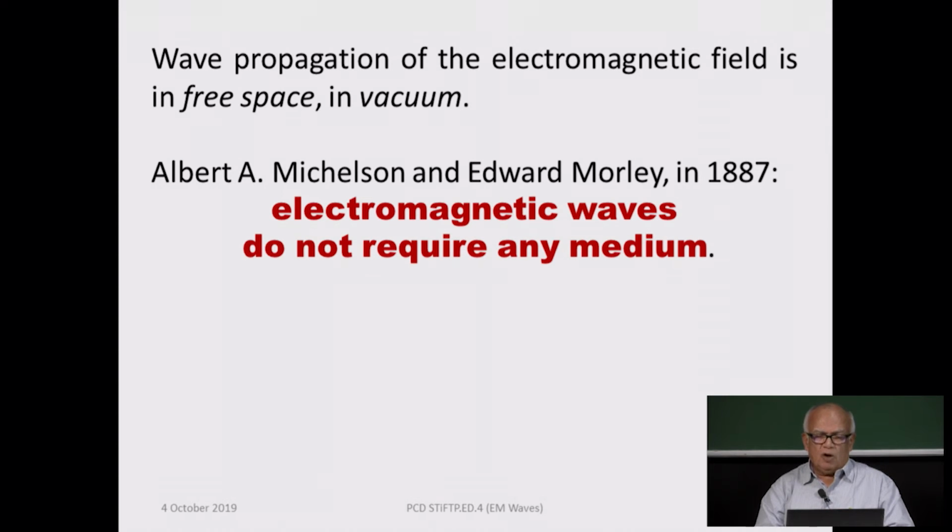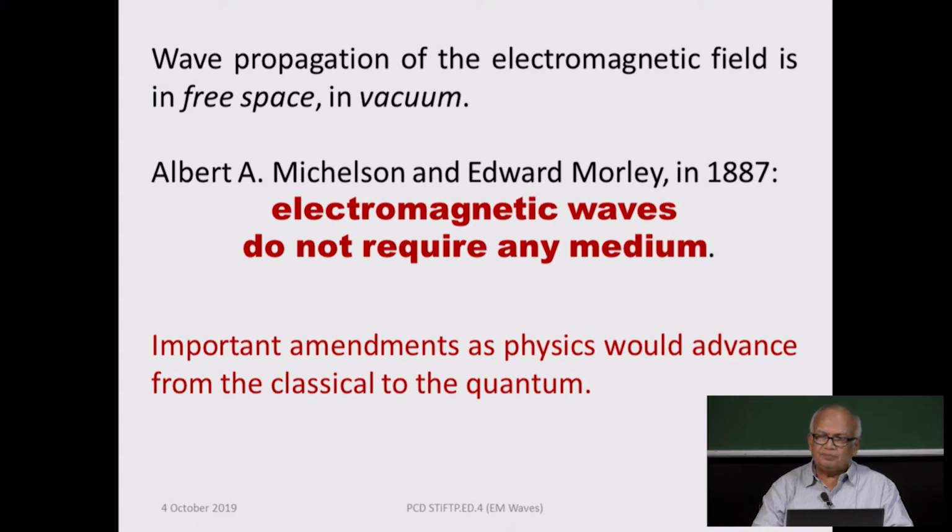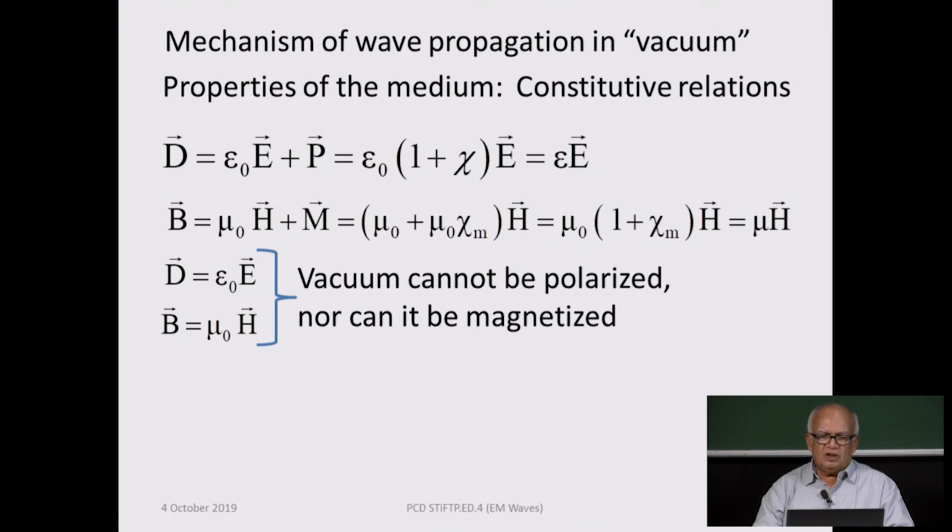So the conclusion was that, okay, you really don't need any medium, and the electromagnetic waves would in fact propagate in vacuum. But then vacuum is something that we really have to worry about. Means physicists have to understand exactly what is meant by vacuum. Is it really nothing, or is something happening over there? And these are important questions.